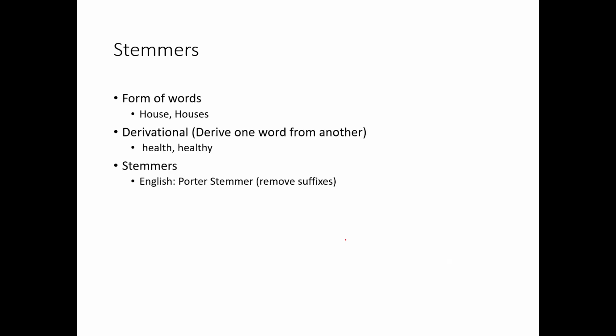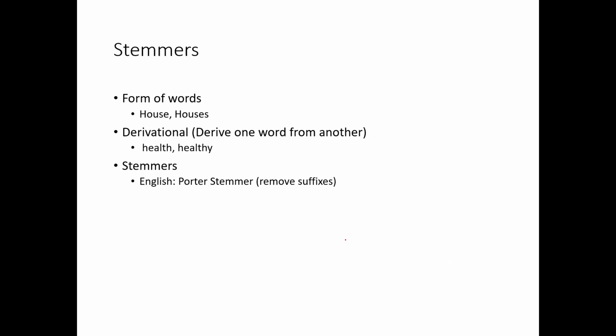Next, there could be stemmers. There are different word forms, and the idea is you have to get back to the base word, right? Like house, houses, health, healthy. There are two techniques available: one is stemming, the other one is lemmatizing. Stemming means that you remove the suffixes.